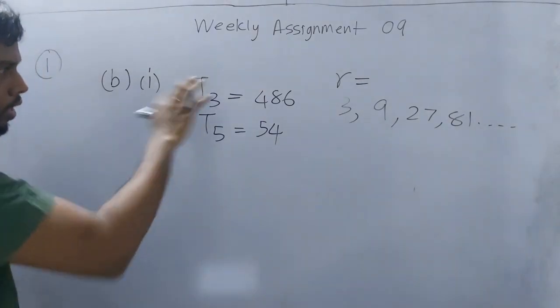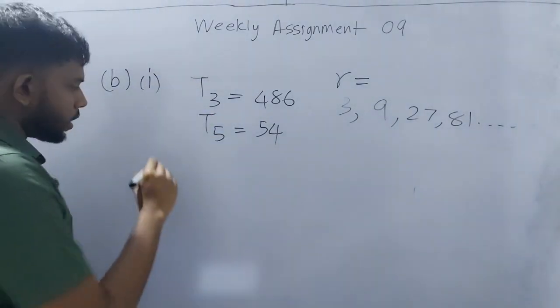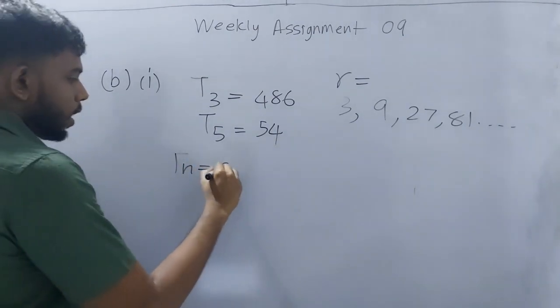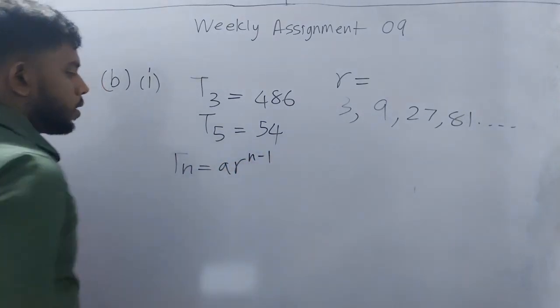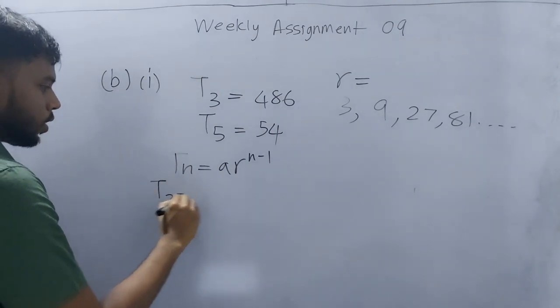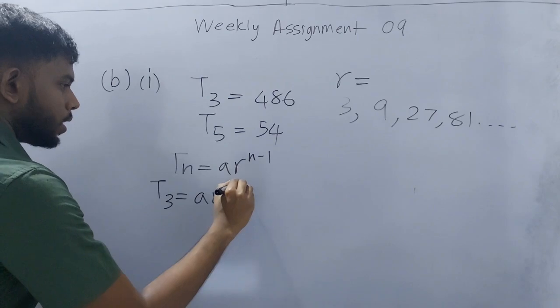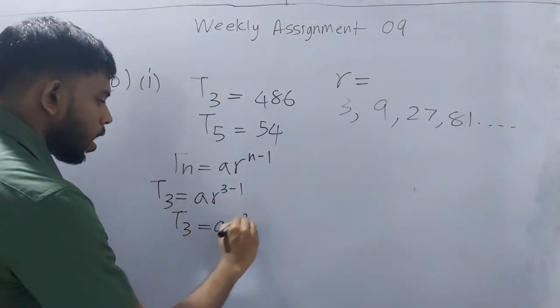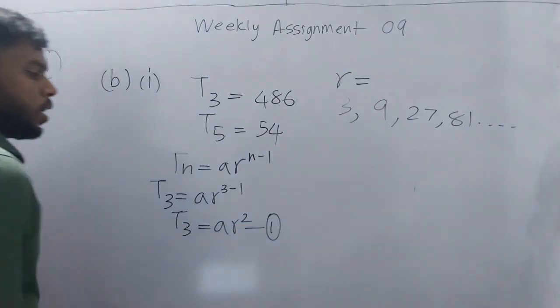So let's start. In a geometric progression, the nth term Tn is given by a times r to the power n minus 1. If you write this formula for T3, it will be T3 equals a times r to the power 3 minus 1, which is T3 equals a times r to the power 2. So this is your first equation.